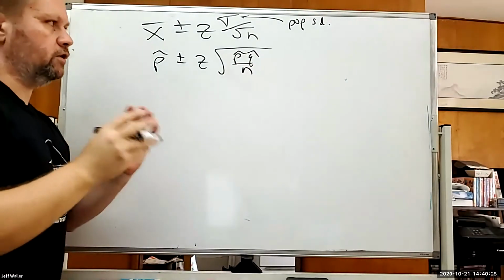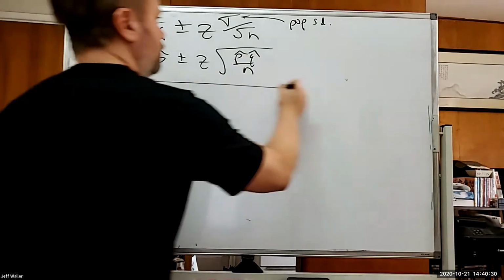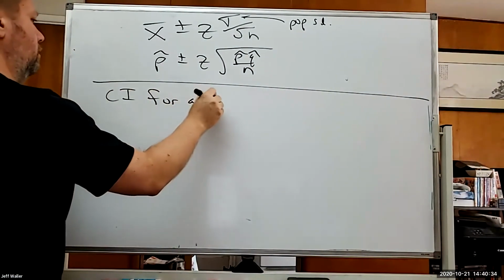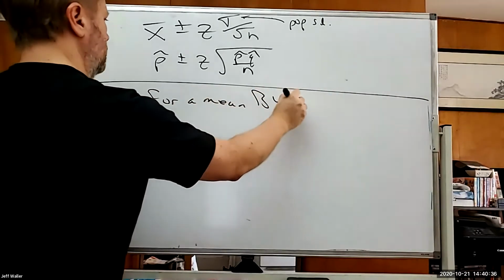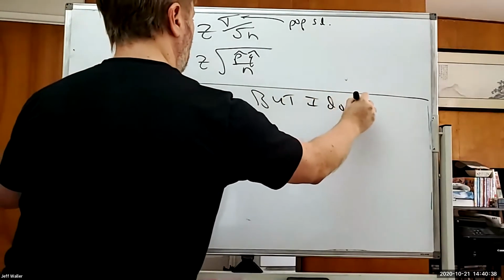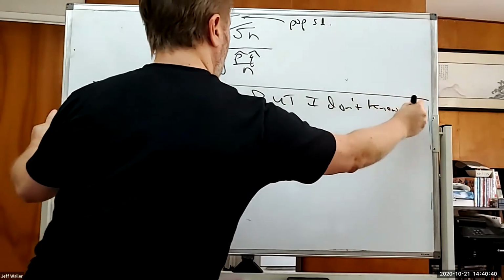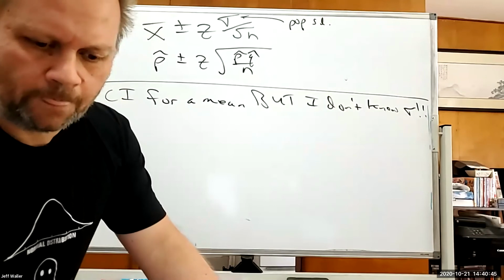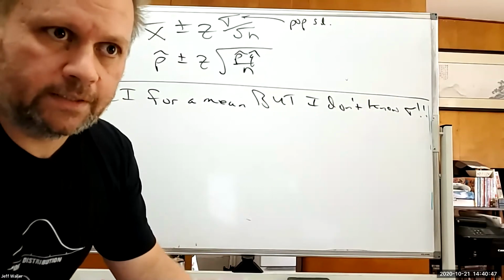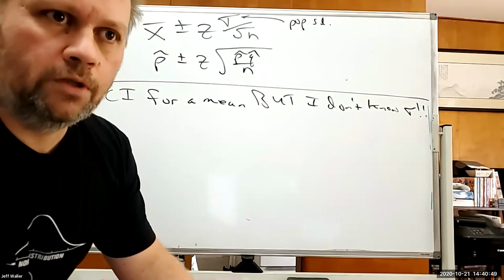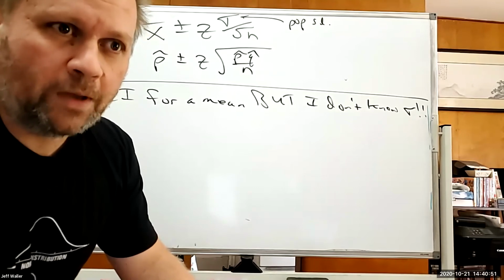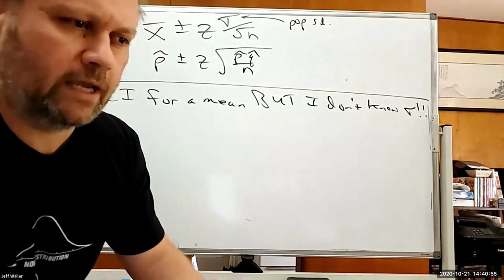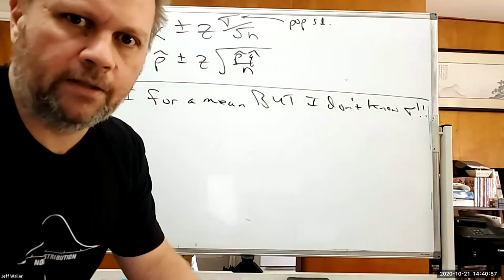And now we're going to do the one for what if I want to find a confidence interval for a mean, but I don't know sigma? What did I say earlier today, which is basically true throughout all statistics? If there's something you don't know in a problem, you have to penalize yourself somehow. You have to make things worse. You have to take a bigger sample or something's going to happen.